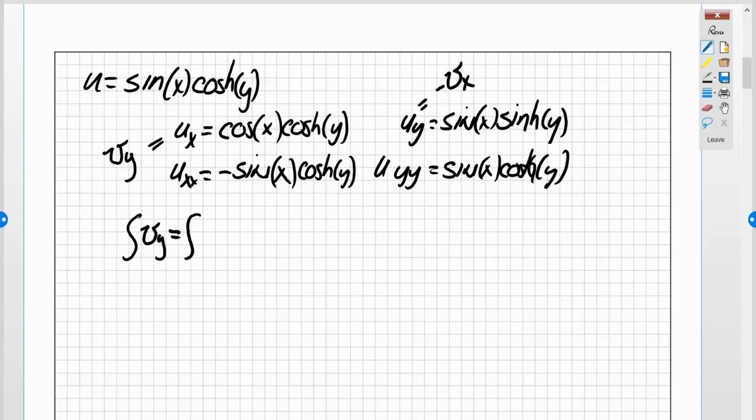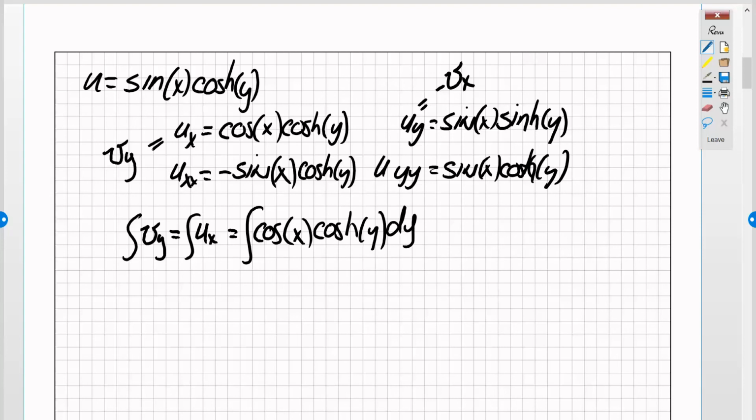So the integral of vy is the same as the integral of ux, which is the same as the integral of the cosine of x times the cosh of y. Remember, we're integrating with respect to y.